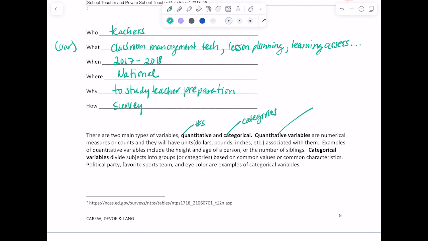There are actually two types of quantitative variables. We have what's called a discrete variable, and discrete variables are just countable. So if you can count it, it's discrete. The other type of quantitative variable is continuous, and they take on any value in an interval.